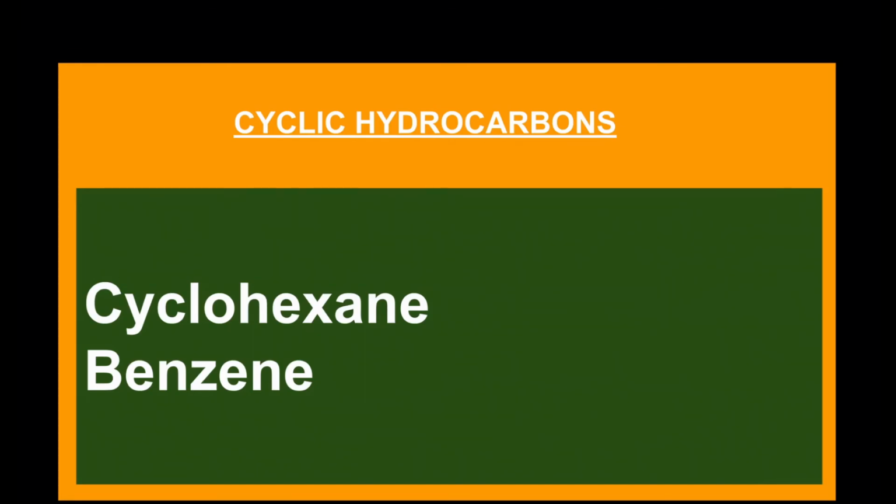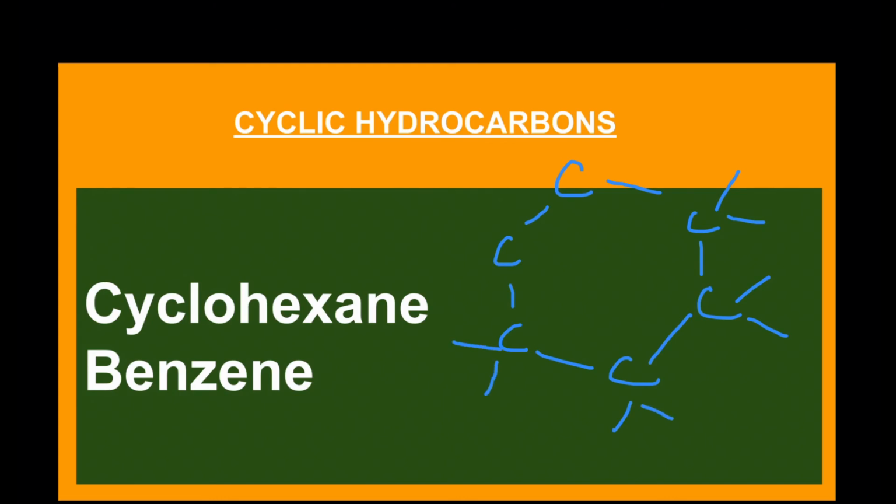There are cyclic hydrocarbons also. The two examples are cyclohexane and benzene. Let us see the structure of cyclohexane now. Hexane means there are 6 carbon atoms. So this is the ring structure which is formed, and on every carbon there are 2 hydrogens.